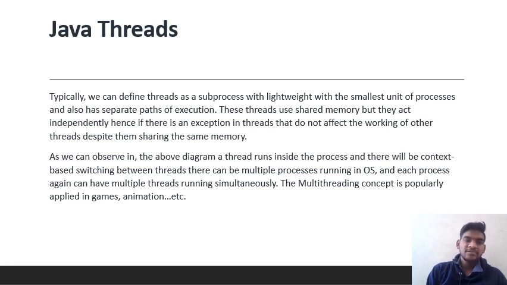As we can observe in the above diagram, a thread runs inside the process and there will be context switching between threads. There can be multiple processes running in iOS and each process can again have multiple threads running simultaneously. The multithreading concept is popularly applied in games and animations.